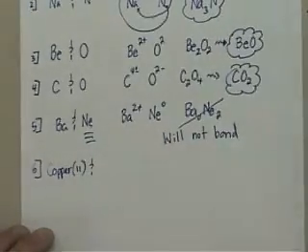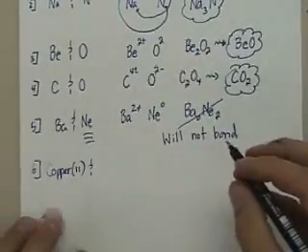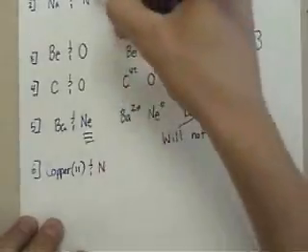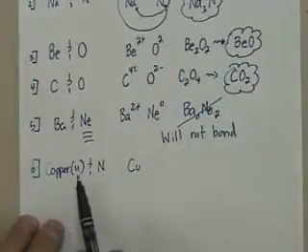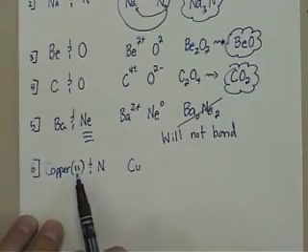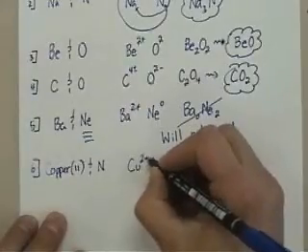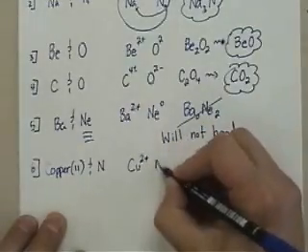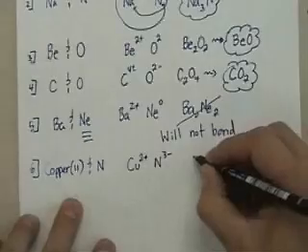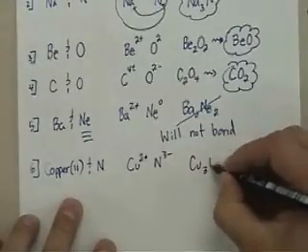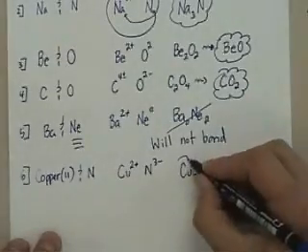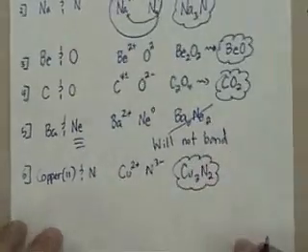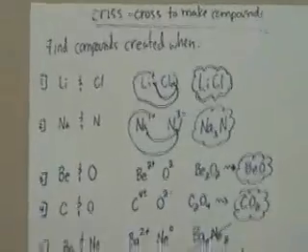And how about I go with nitrogen again, because I have it up here. I already know what it is. Copper, Cu. The fact that it says copper 2, you don't actually need to look on your periodic table to know what that is. It's just copper 2+. Nitrogen 3-. You crisscross them. Cu3N2. There you go. Enjoy.